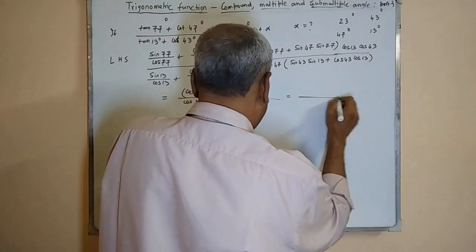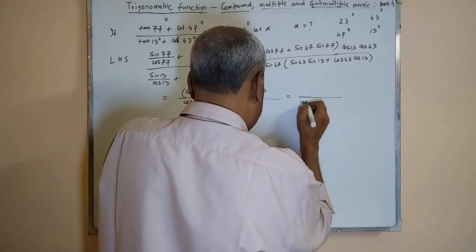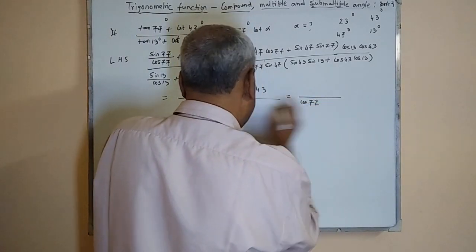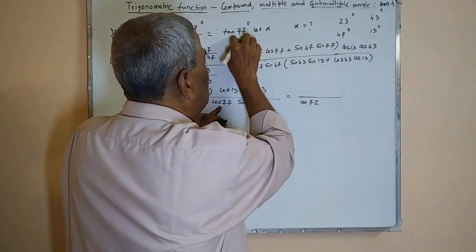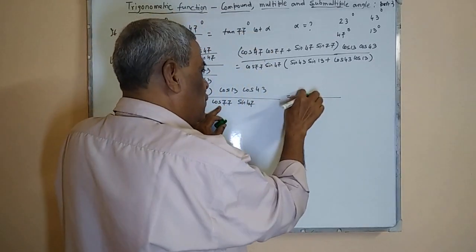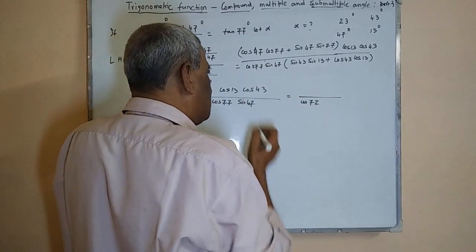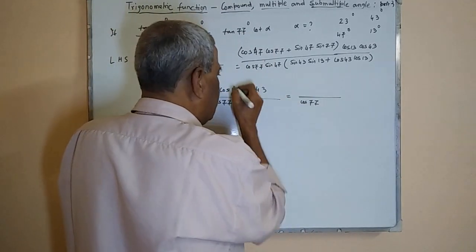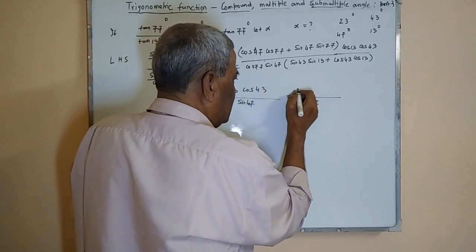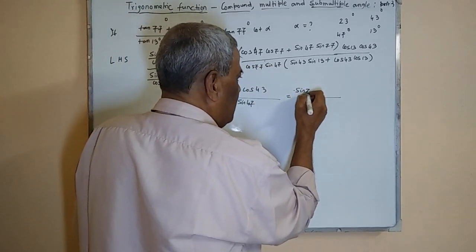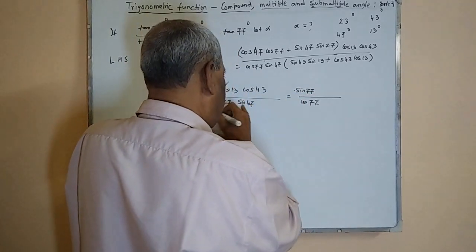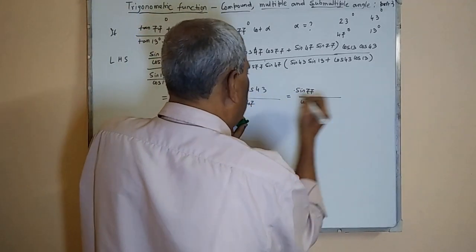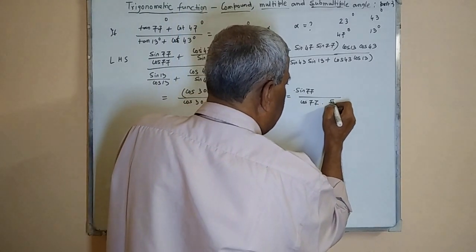In the denominator it is only cos 77 and that. We want there one tan 77, so one sin 77 must be there. This can be written as sin 77 and sine 47, keep it intact.